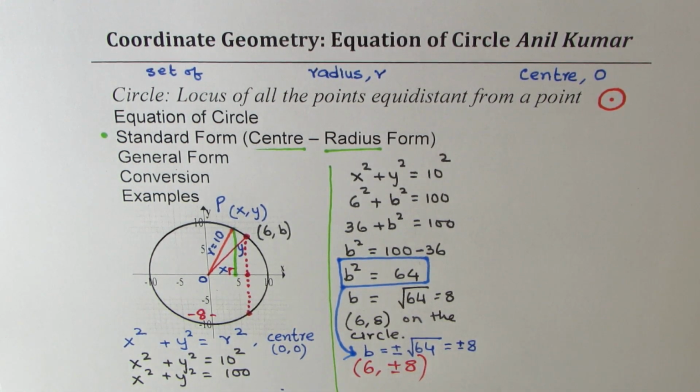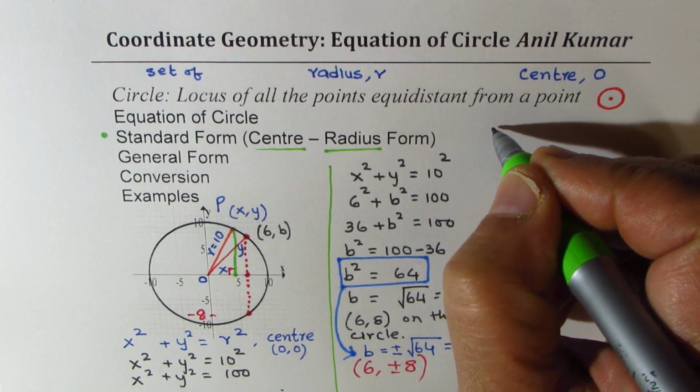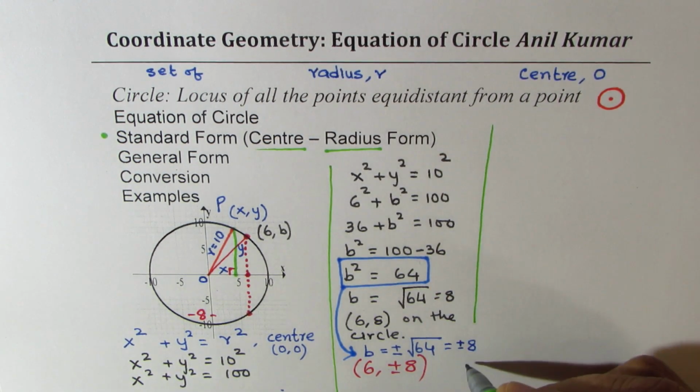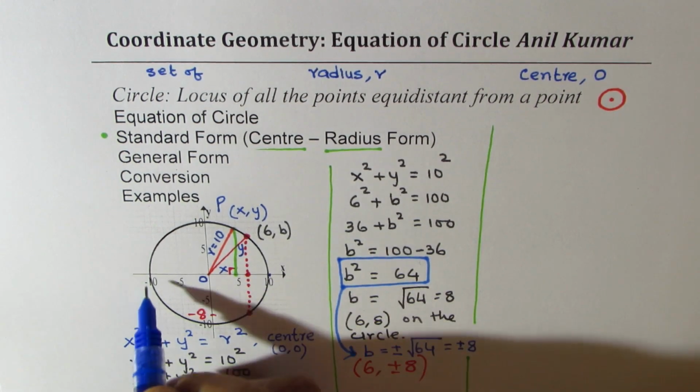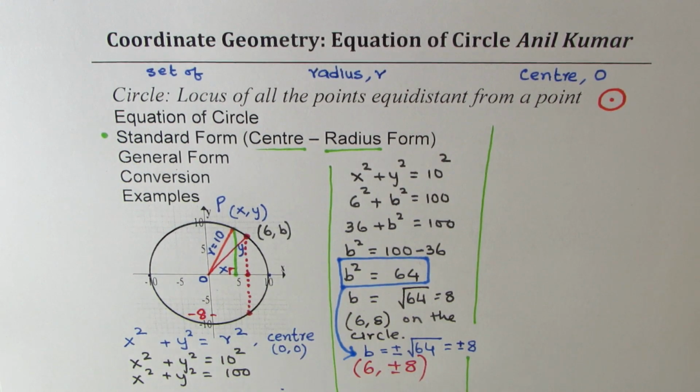So that's a very, very important aspect to consider. So in case you need to find the y value for a given x on a circle, you should expect 2, except for a few points. Except for these 2 points where the x value is equal to the radius, 10 in this particular case.